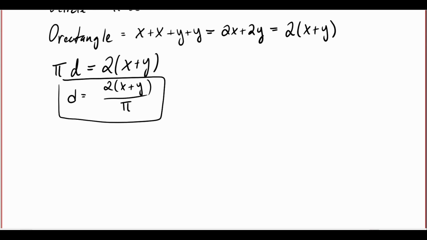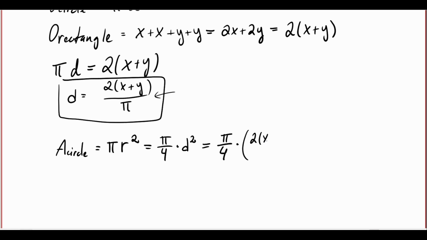So the area of the circle is pi multiplied with the radius squared, which is pi divided by 4 times the diameter squared, which is pi divided by 4 times the expression here, 2 times x plus y divided by pi, squared.